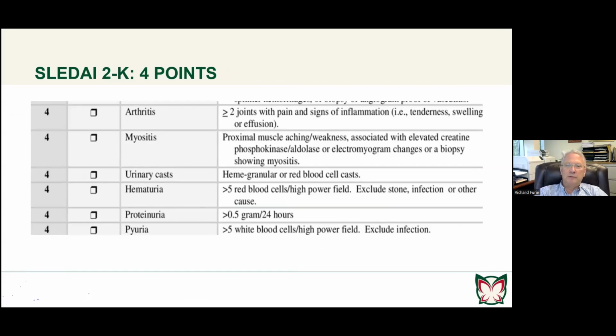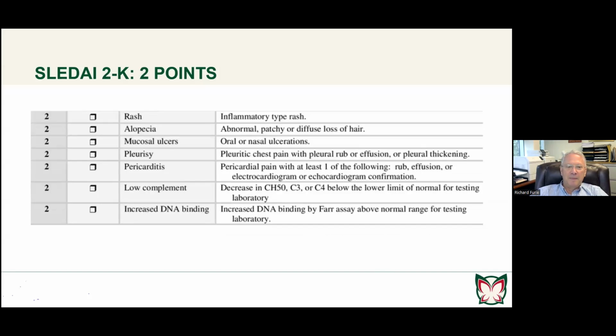That's worth 4 points. And in order to achieve those points, one just has to have 2 joints with pain and signs of inflammation. And unfortunately, pain and signs of inflammation could be, or is, in the eye of the beholder.